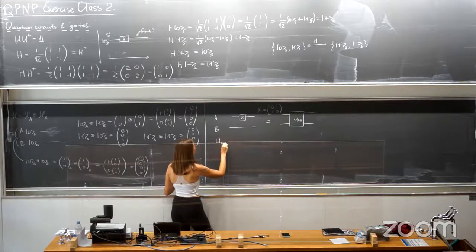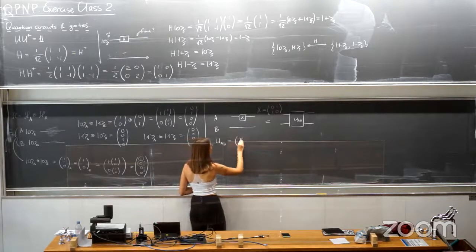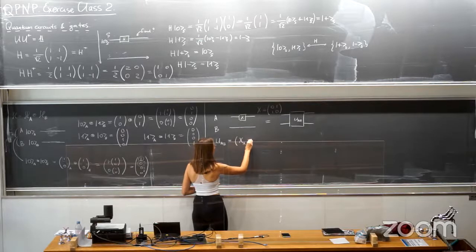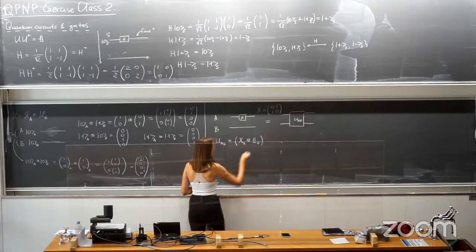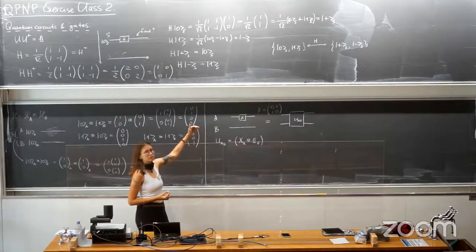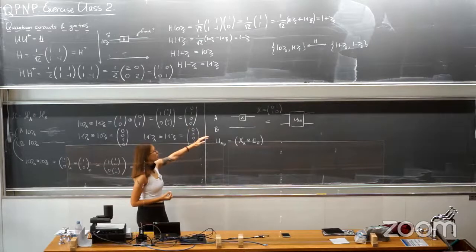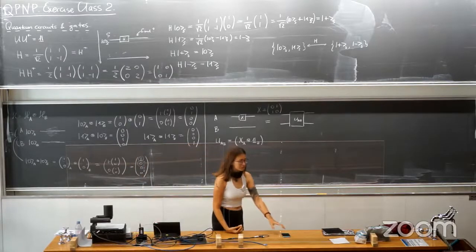So in this case, we write this unitary as the tensor product of X on the system A and then identity on the system B, because we apply the operation X on qubit A, and then we don't apply anything on the system B, which means that we apply an identity operation.